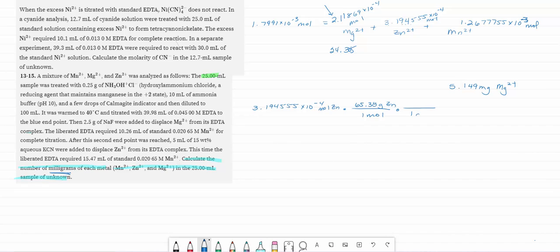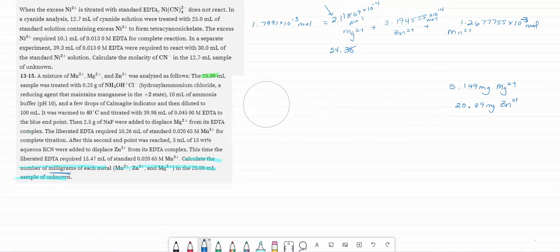And then again, for dimensional analysis sake, in 1 gram, there are 1,000 milligrams. So for my zinc, again, 4 significant digits, and I get 20.89 milligrams of zinc were analyzed.